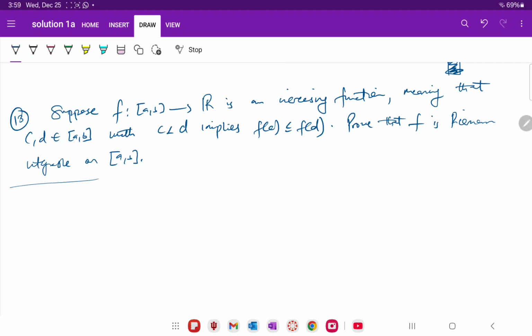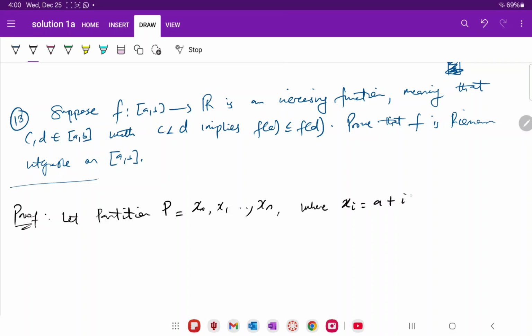Let's define our partition P equals x0, x1, up to xn, and then we divide this into equal intervals where xi equals a plus i times (b minus a) over n, for i equals 0, 1, up to n.